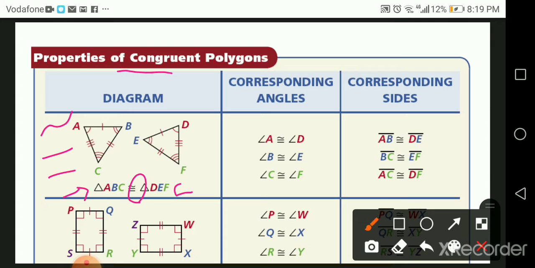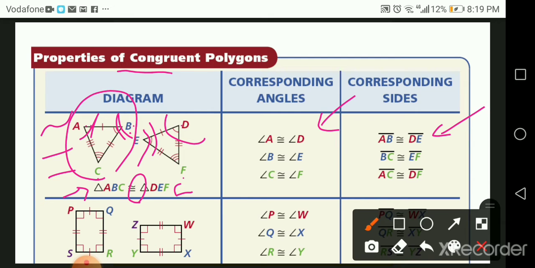This means that side AB is equal to its corresponding side, and the corresponding angles: angle A is congruent to angle D. Angle C is congruent to angle F. Angle B, which has two signs, is congruent to angle E. So all sides and angles in the first triangle are congruent to the corresponding angles and sides of the other.